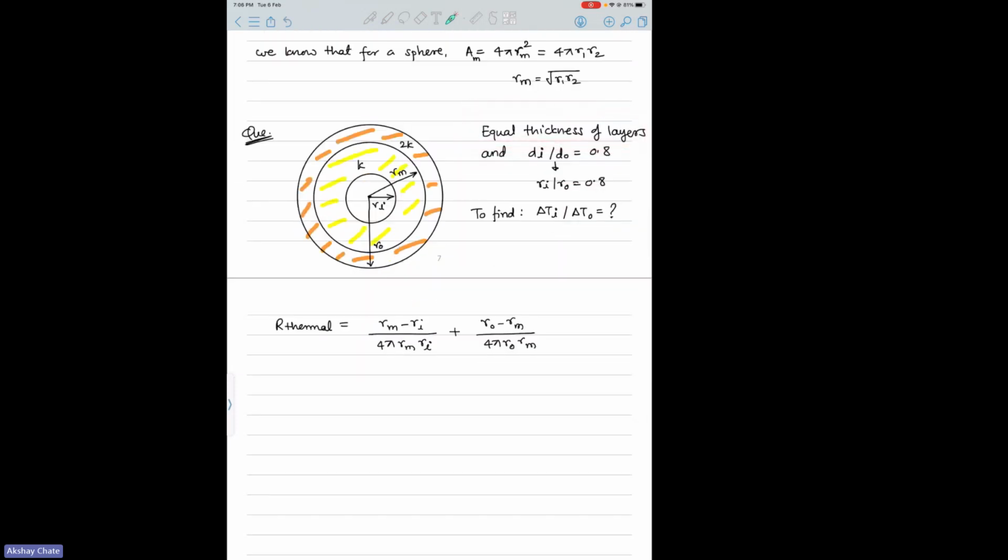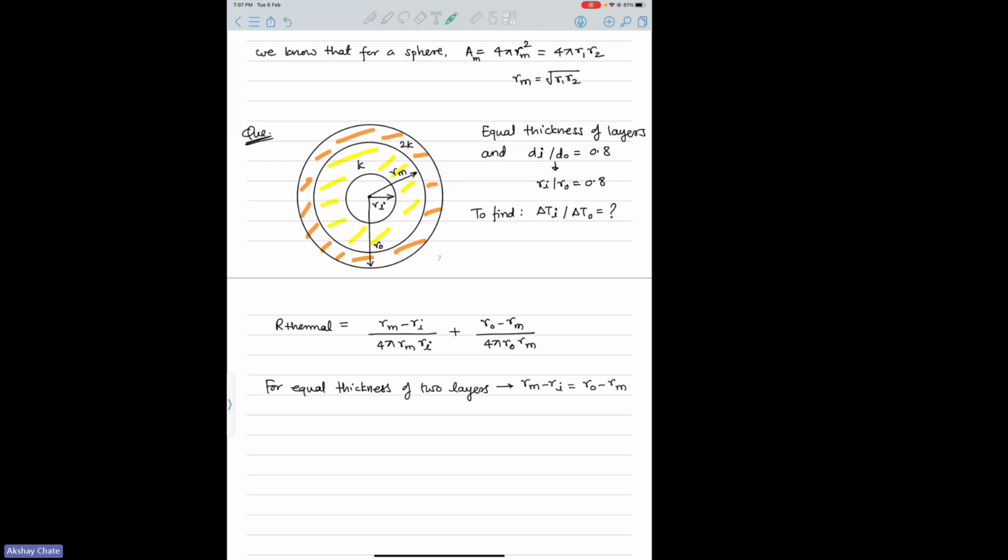So what does that mean? For equal thickness of the two layers, the necessary condition is Rm minus Ri is equal to Ro minus Rm. This is the thickness, so these two thicknesses should be equal.